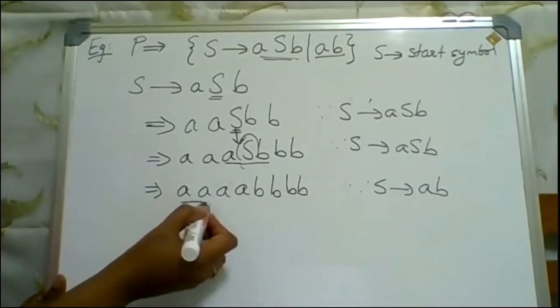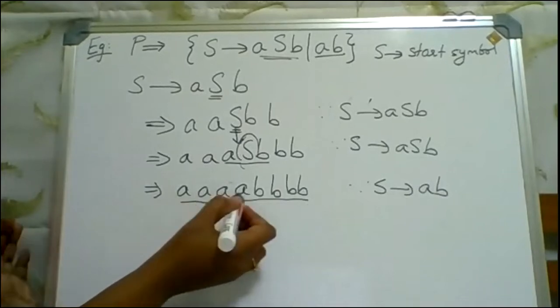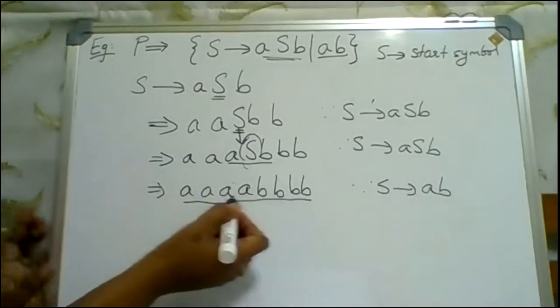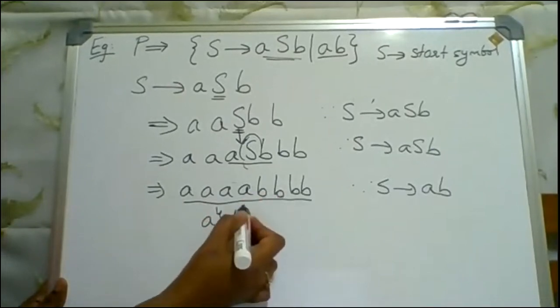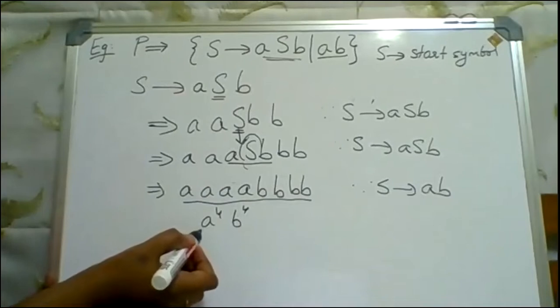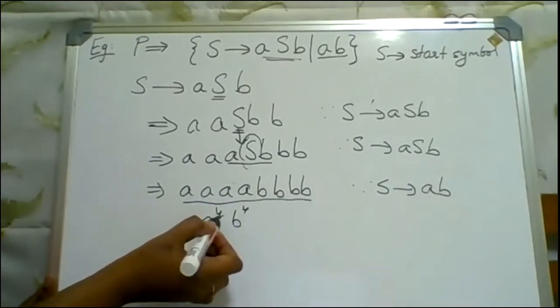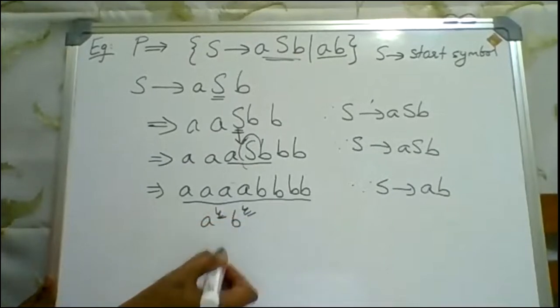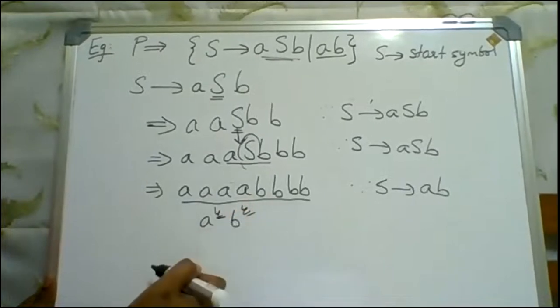From this string, we can conclude that the number of A's is A power 4 and we have 4 B's. It means number of A's followed by number of B's, and the number is the same. It means equal number of A's followed by equal number of B's.